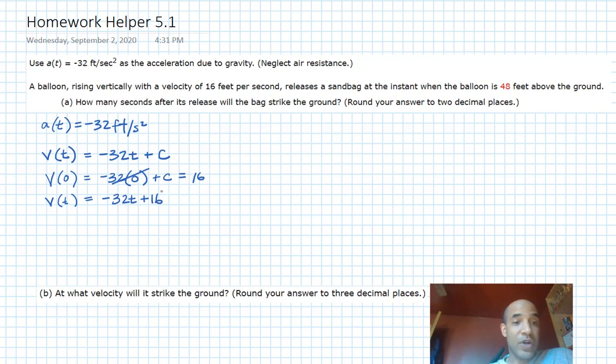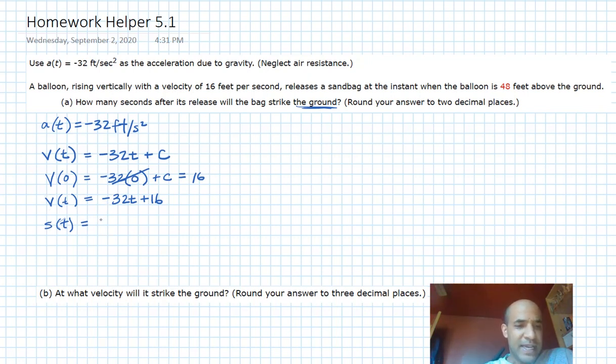And we can now go to, let's see, we want to know how many seconds when it hits the ground. Okay, well, what we've got to know is ground is a reference to position, right? So we've got to find the position function. So we're going to do the antiderivative again. S of t, which is the position function, right? That'll be equal to the antiderivative of the velocity function.